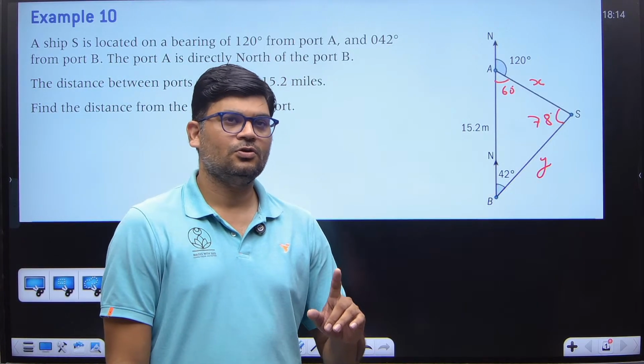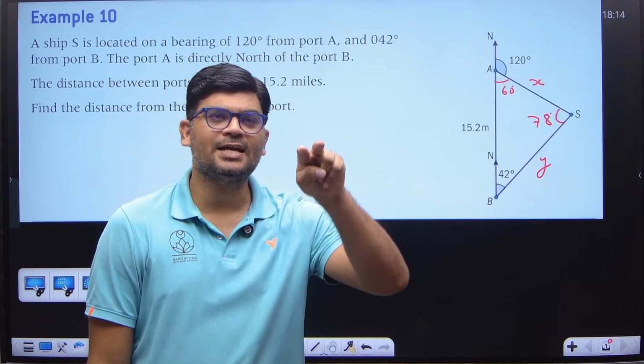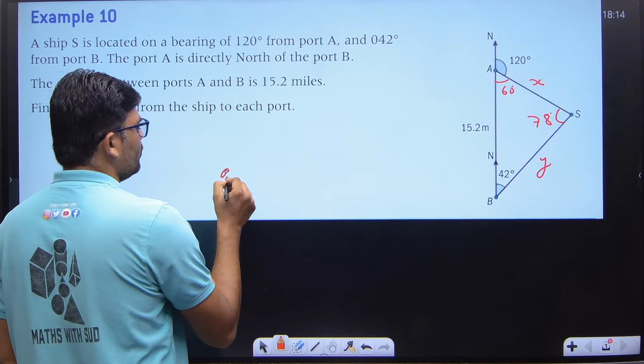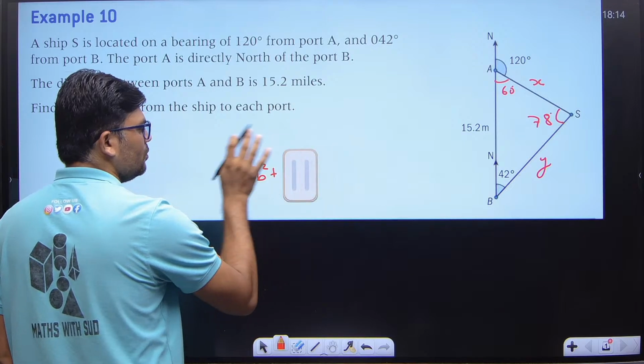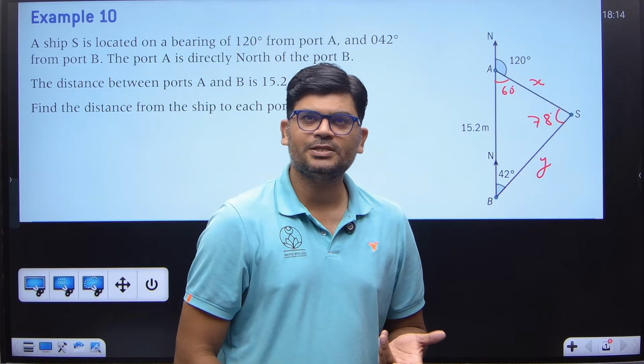Cosine? No, cosine is used if two distances and the included angle are given. See the formula of cosine: you have two squares, b square plus c square. So if only one distance is given to you, you will use the sine rule.